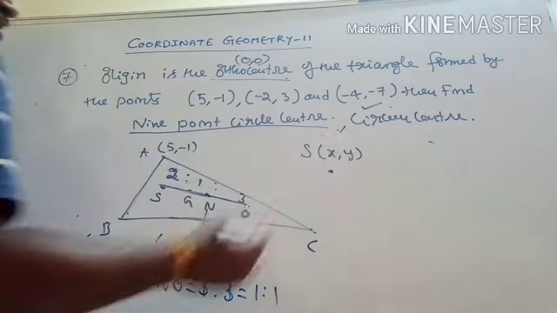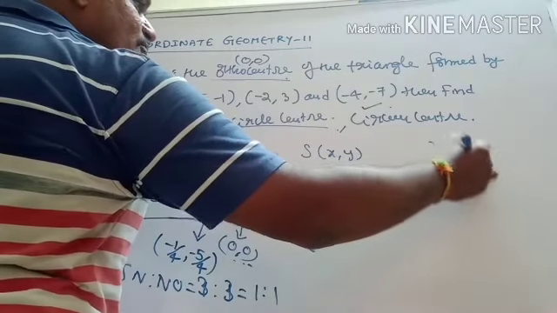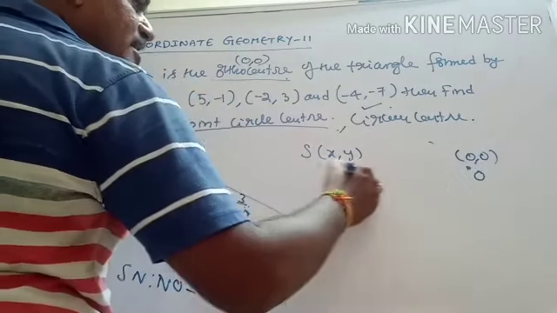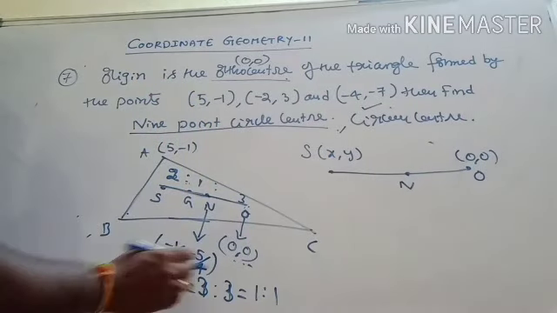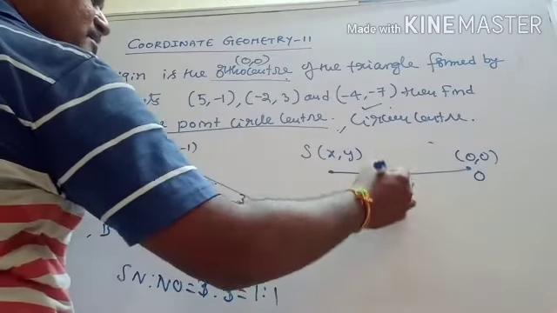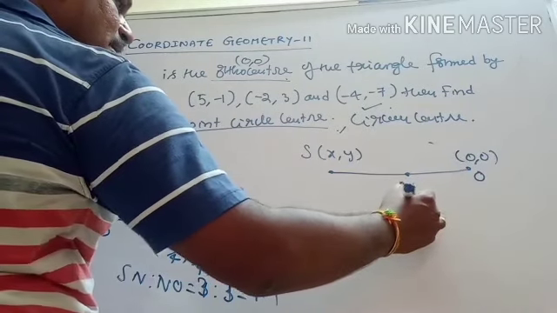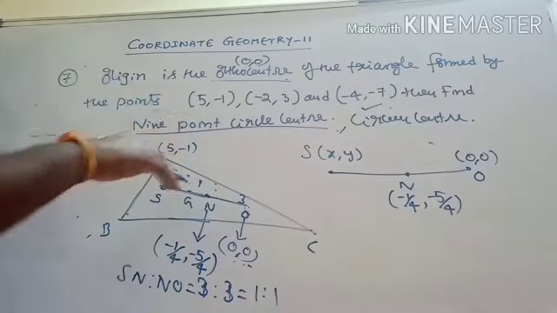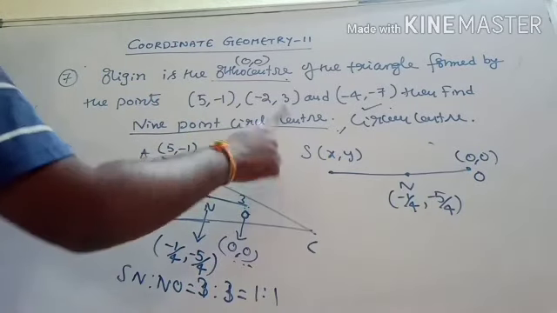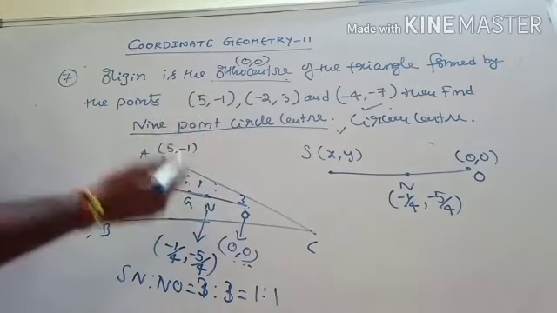And this is S, and O is already, you know that O is 0 comma 0, and you know N is nothing but the midpoint. Now we got the midpoint, that is minus 1 by 4 comma minus 5 by 4, like this. Now let us use the midpoint formula and get the coordinates of the circumcenter very easily.